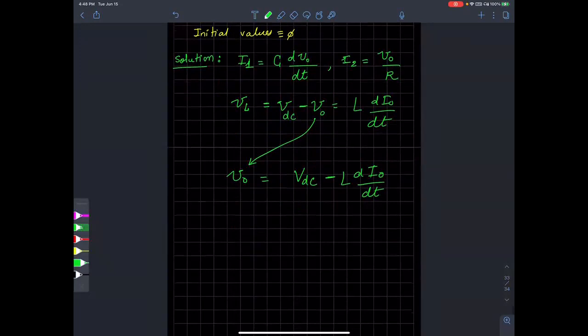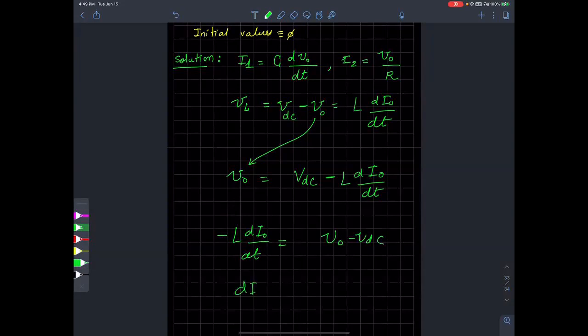Okay. From here, we should be able to get an expression for I naught. I naught is going to be V naught, or let me simply write it as negative L di naught by dt is V naught minus VDC.